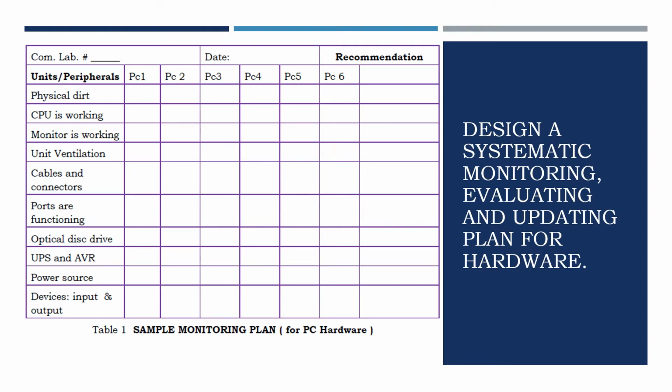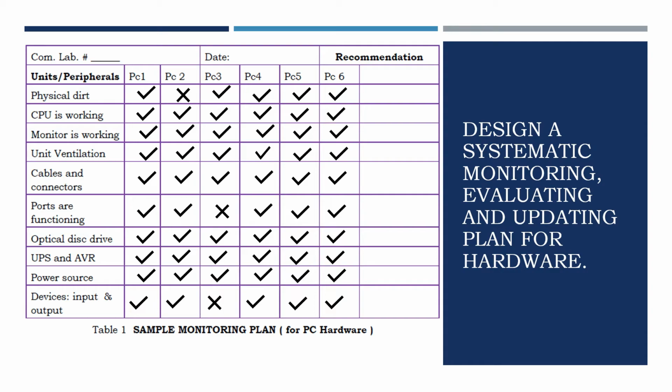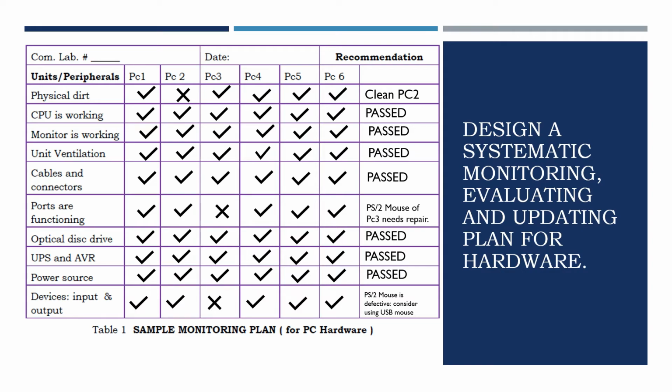So I'm going to show you how to fill up this table. Now, we have a check mark and X mark. We also have recommendation. For example, in the first row, the physical dirt, we have an X on PC2, and the recommendation there is clean PC2.